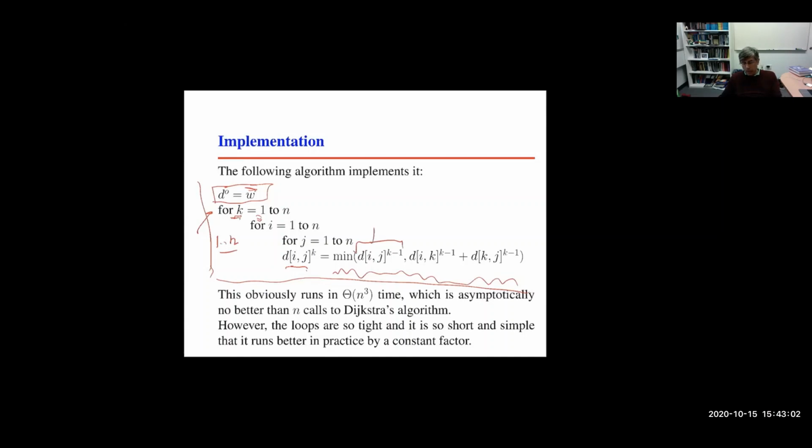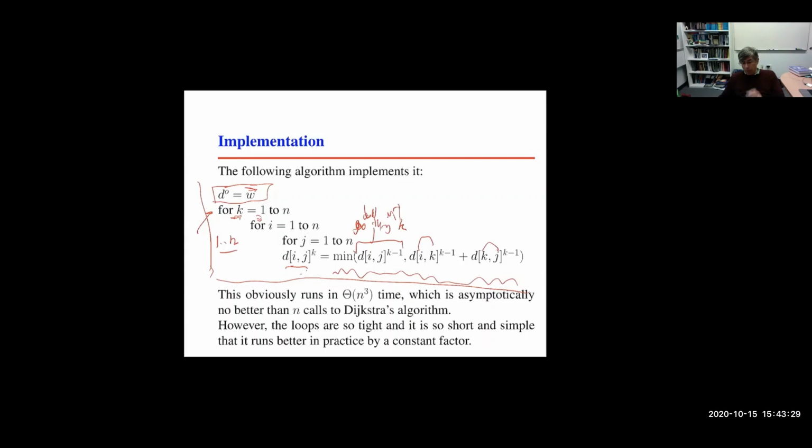This means it does not go through k. If it does go through k, what do we know? The shortest path from i to j that goes through k goes from i to k and then goes from k to j. Does everybody see that?